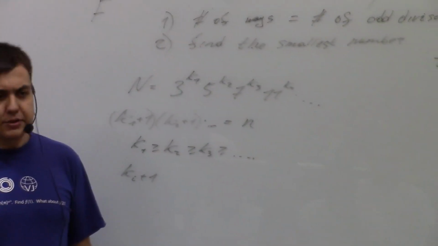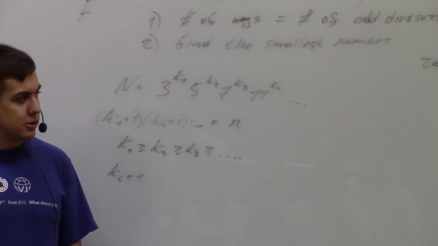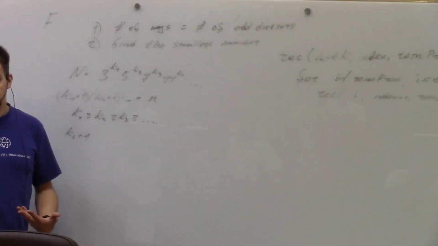So this way we can try all possible numbers that can be candidates to be the optimal number with the odd number of divisors. And now the only thing we need to do is to find the minimum one.